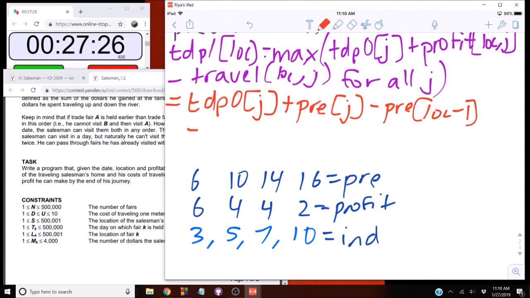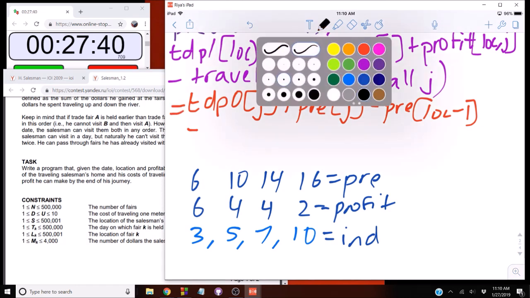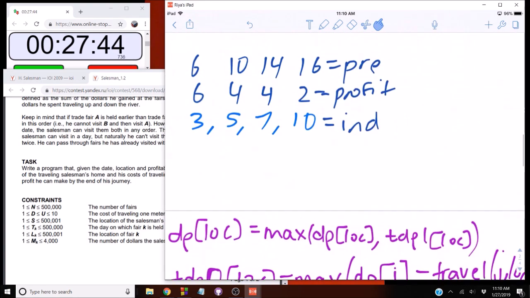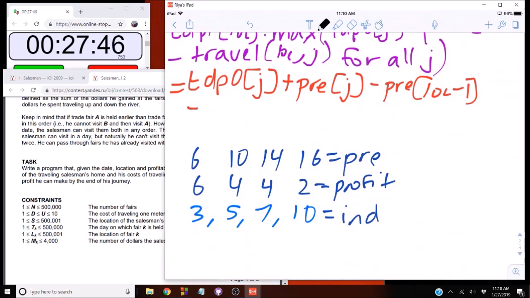Okay, actually let's do the opposite. Last time we did this uphill, this time we'll do this downhill. So last time lock was less than j, this time lock is greater than or equal to j. Actually, it can never be equal.